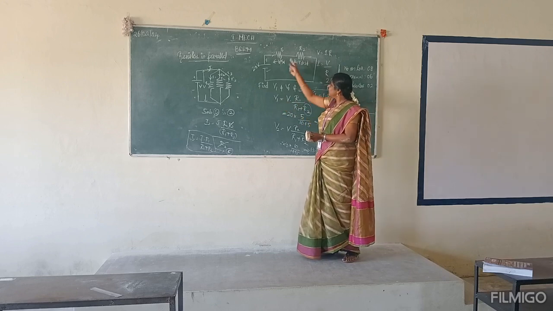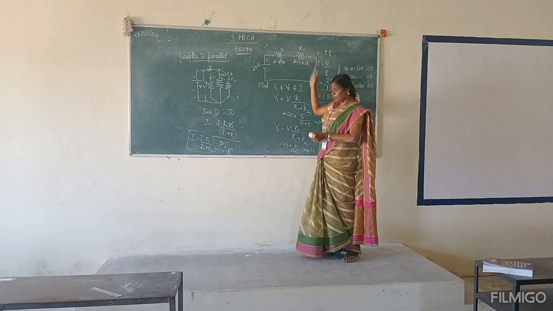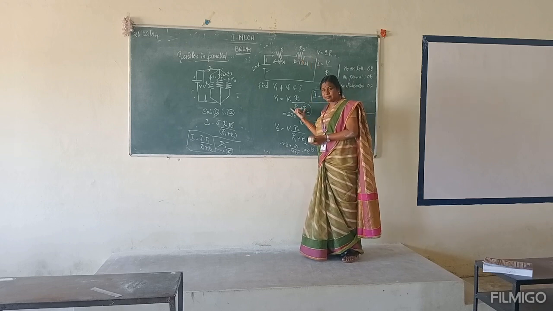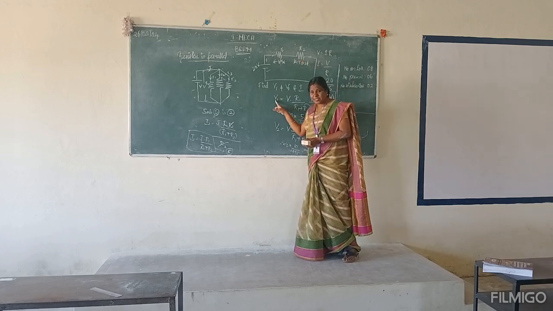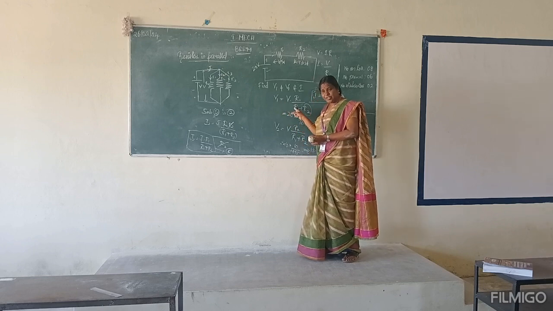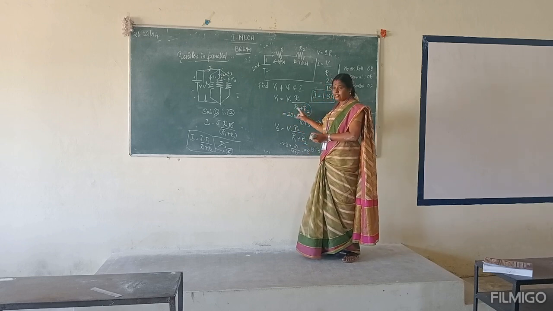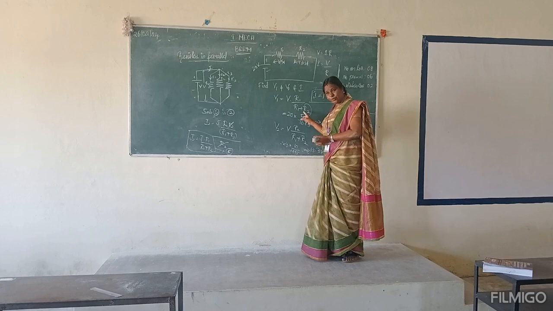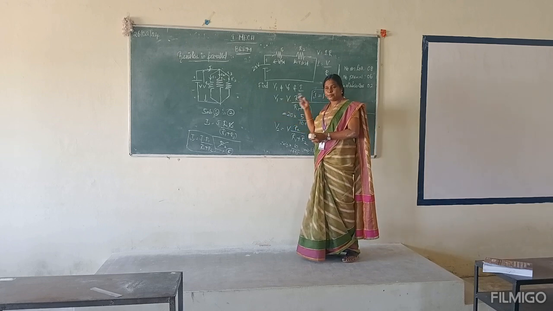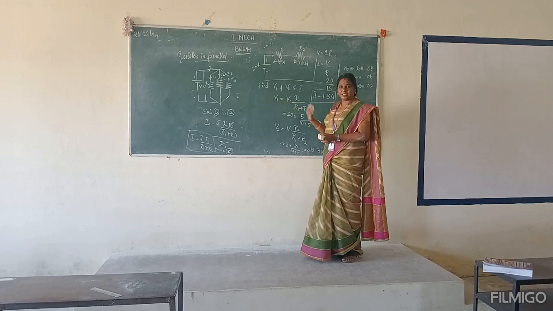Just say whatever it is asked. R2 now we need to find out. Again take this formula. Substitute V1 here: 6.66 is equal to 20 into R1, which is 5, divided by 5 plus R2.